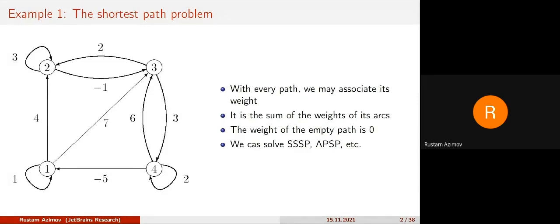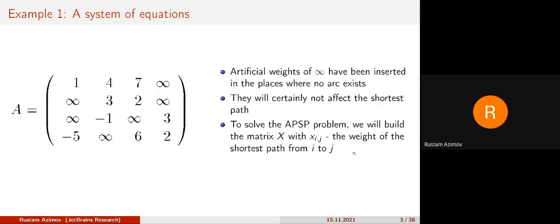We can solve different problems, for example, fixing some source vertices or destination vertices, and we can solve the single shortest path problem, or the all pairs shortest path problem, etc. And the direct solution for this is just to build a system of equations.